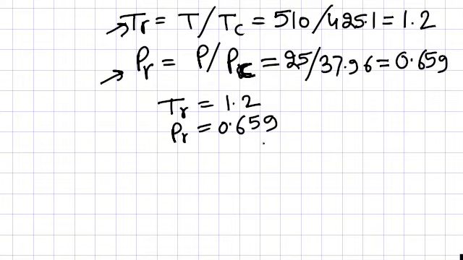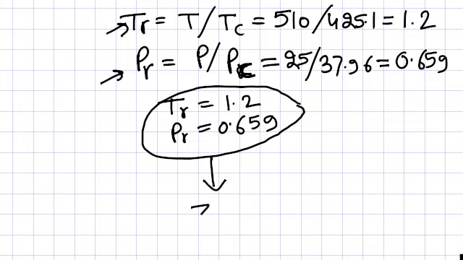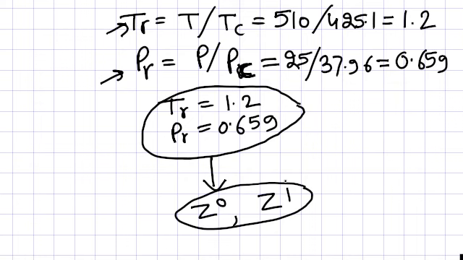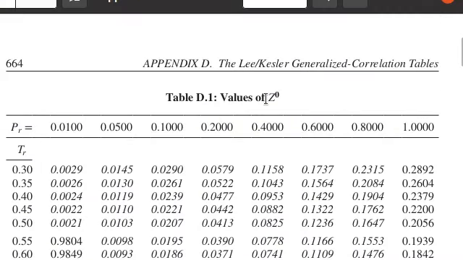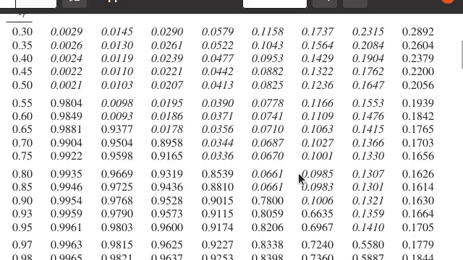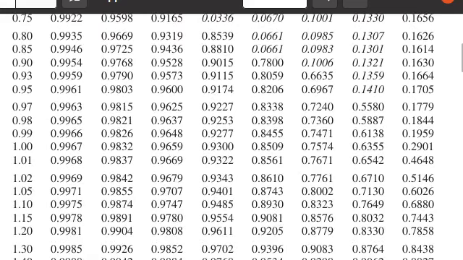and with the help of this data we will go to the Lee-Kesler table, and from there you will get Z0 and Z1. So we are going to that table. This is the table for Z0, and here we will have to come to 1.2, the reduced temperature, and here you have to go, because the exact value is between 0.6 and 0.8, so we will have to interpolate and then we will get the value.